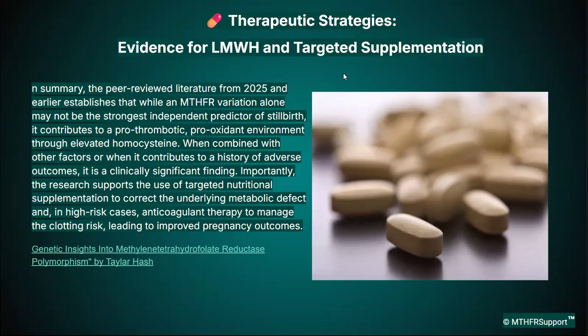When combined with other factors, or when it contributes to a history of adverse outcomes, it is a clinically significant finding. Importantly, the research supports the use of targeted nutritional supplementation to correct the underlying metabolic defect and, in high-risk cases, anticoagulant therapy to manage the clotting risk, leading to improved pregnancy outcomes.